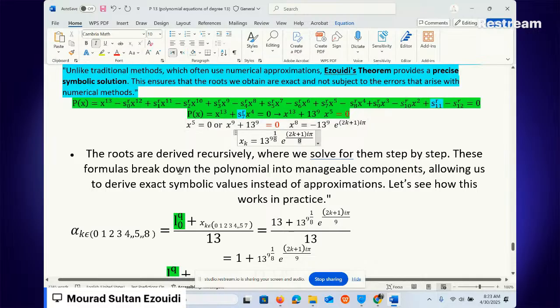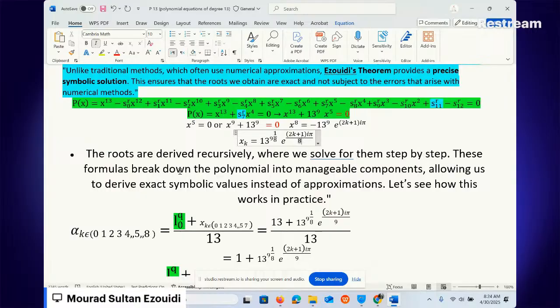So now, my professors, we found the roots of this equation. What's needed now is just go back and write alpha subscript k equal to between parentheses S0 over n plus xk all divided by n, which is equal to 13, meaning divided by 13. So the roots are derived recursively, where we solve for them step by step. This formula breaks down the polynomial into manageable components, allowing us to derive exact symbolic values instead of approximations.